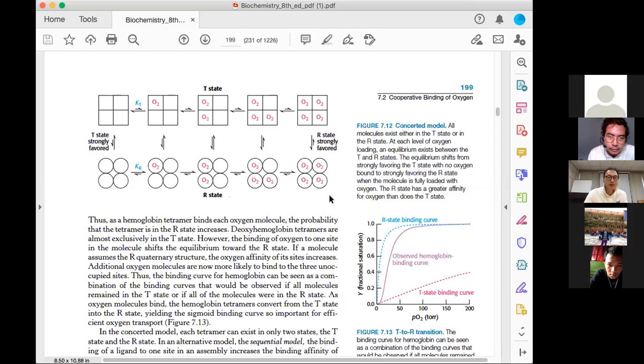So this is what we call cooperative binding. It is very similar to having four partners in one company: if one of the employees earns money, it helps the other three to earn money. That is what we call cooperativity.